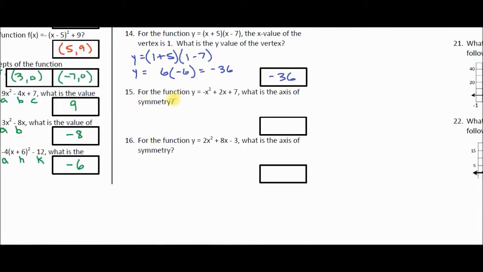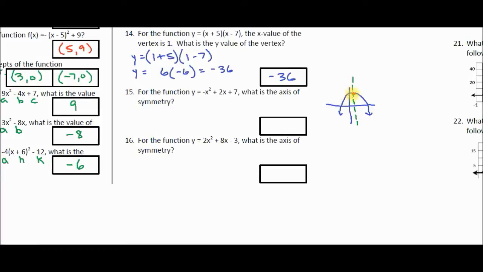Question number 15. For the function y equals negative x squared plus 2x plus 7, what is the axis of symmetry? Well, let's recall something. I'll write this over here, class. If you have a coordinate grid and I draw a parabola, the axis of symmetry is going to go through the vertex.